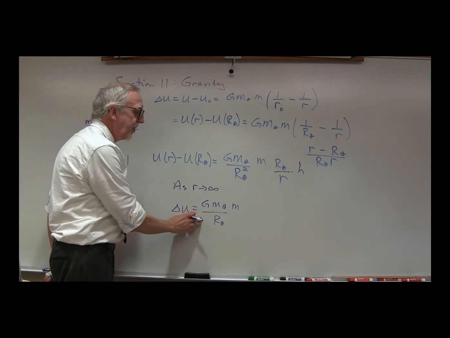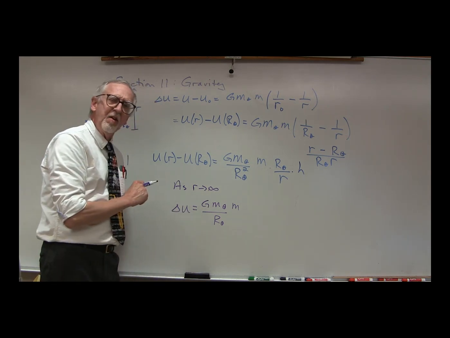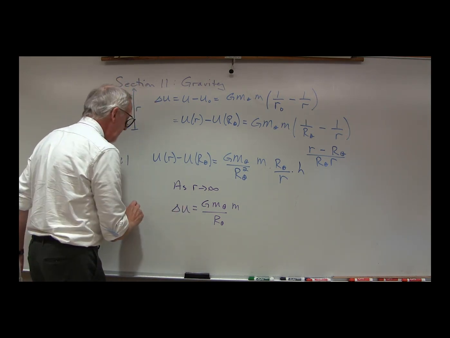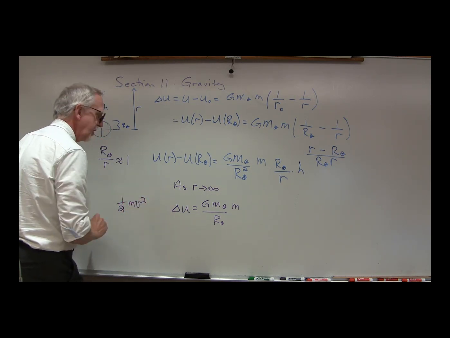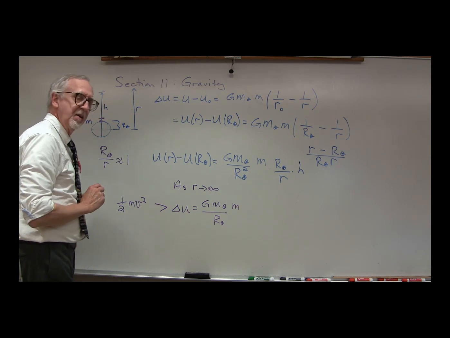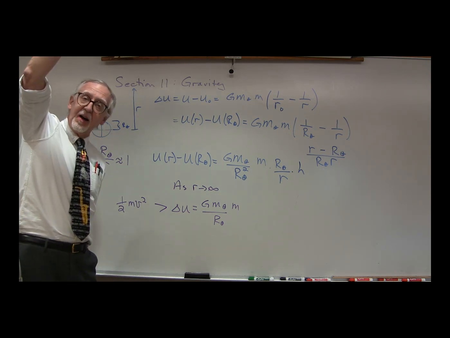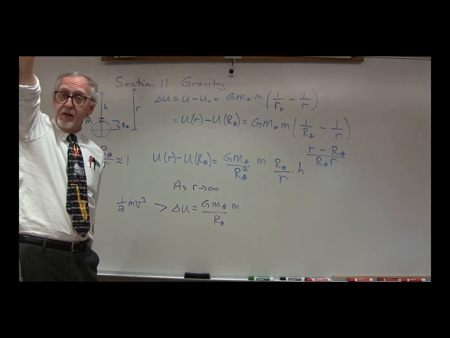It goes to a final, finite, constant value. Well, this is very, very interesting. If we have an object and we give it a kinetic energy, 1/2 mv squared, that's greater than that, what would happen? It would not stop. It would not go to a certain height and then fall back down. It would keep on going to infinity.